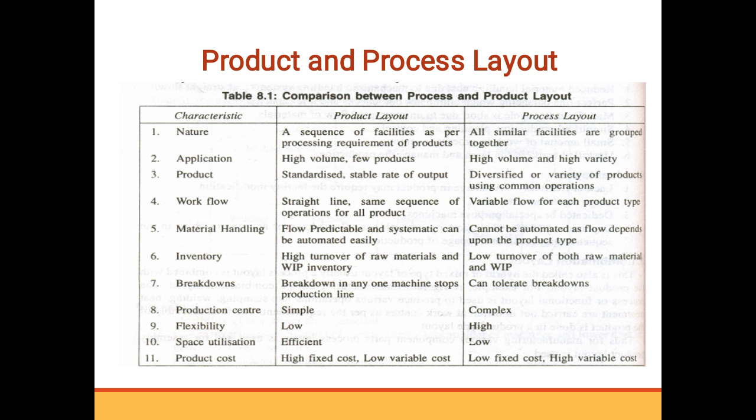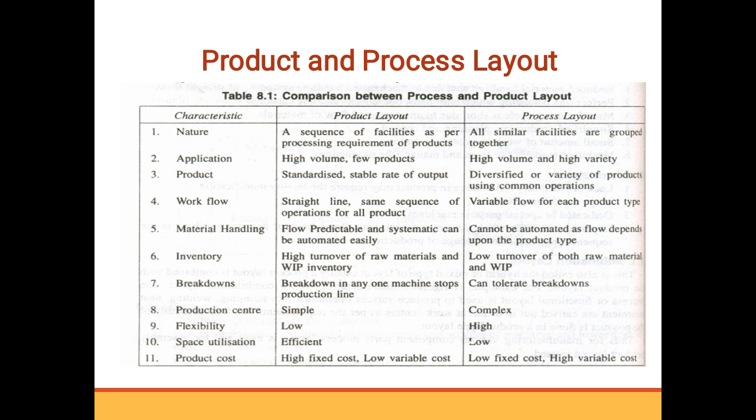If you consider the workflow, product layout works in a straight line with the same sequence of operations for all the products, whereas in process layout the workflow is variable. Material handling is usually automated, predictable and systematic in product layout, whereas it is very difficult to automate the workflow or material handling in process layout.